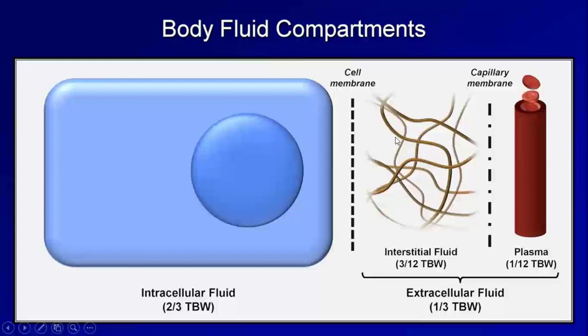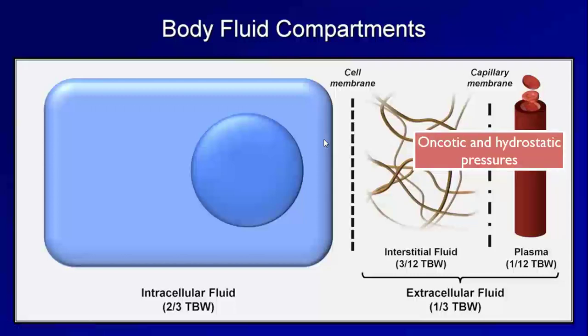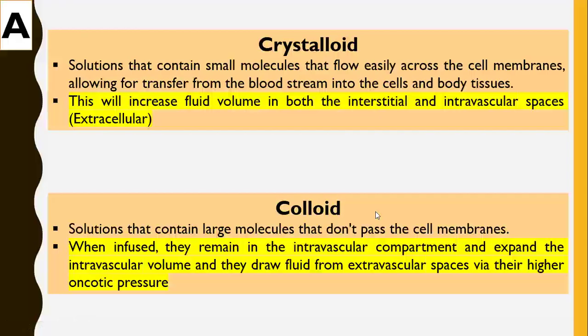If there is a change in osmolarity here or here, the fluid can pass according to the osmolarity gradient. And this means that the main force which controls the passage of water and molecules through this membrane is the oncotic and the hydrostatic pressure. And the main force here is the difference in tonicity.